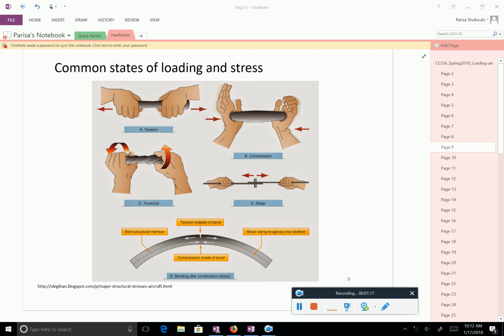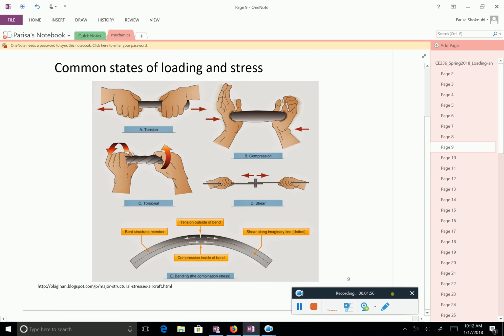For example, if you think about the cross section of this rope or this cable here, when you are applying torsion in the cross section, you're actually shearing. And when you are having shear, whether it is simple shear or, as in this example, a double shear, you are also shearing. And the force is parallel to the cross section, as you can see. So they have the same nature.